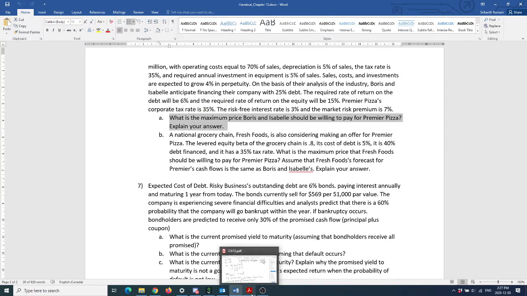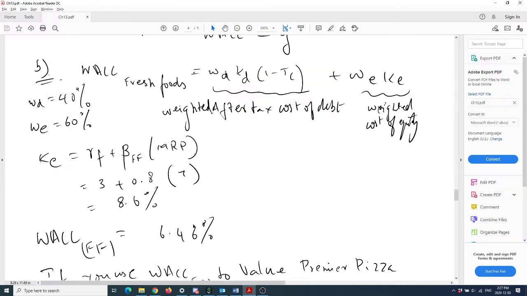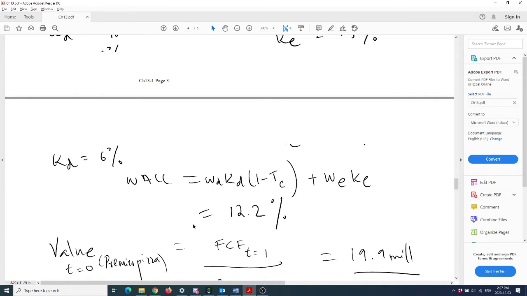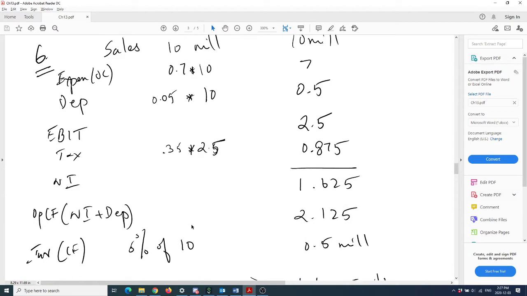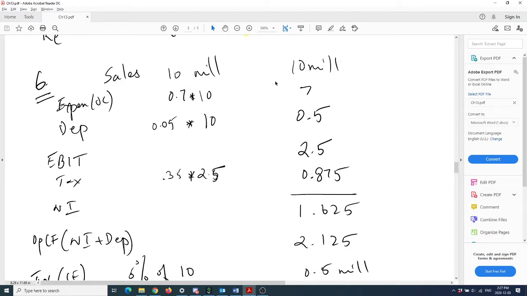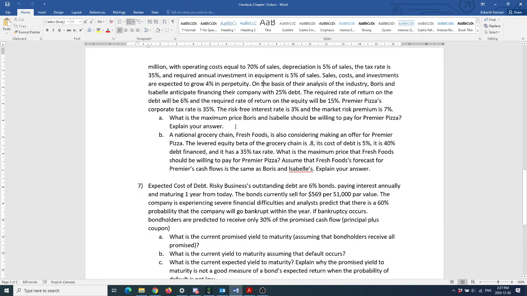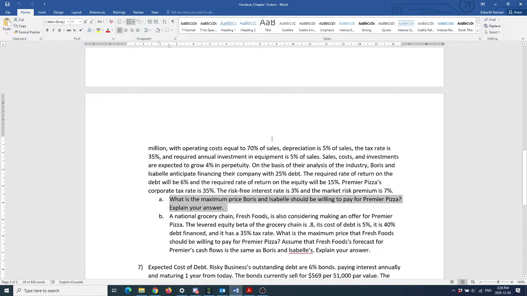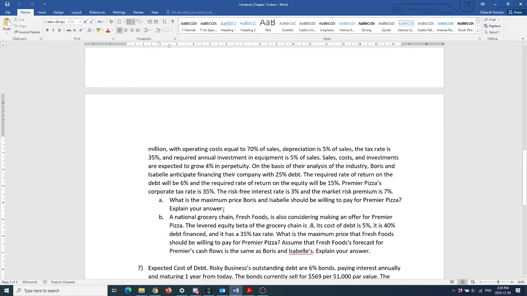I worked out the numbers earlier, and I will be going through them now. The first thing is the sales, and all these values are given. Whenever you're doing a discounted cash flow analysis to value the firm, you want the actual operating cash flow, not the net income.